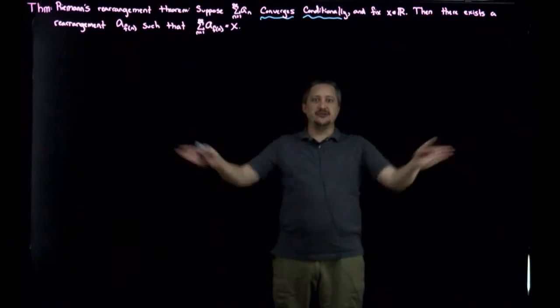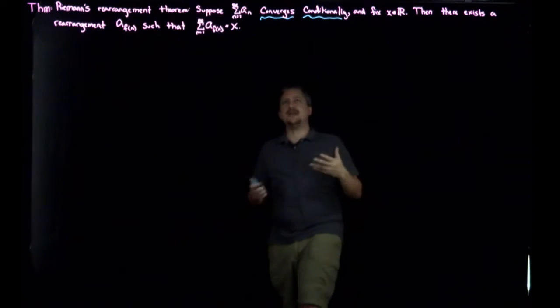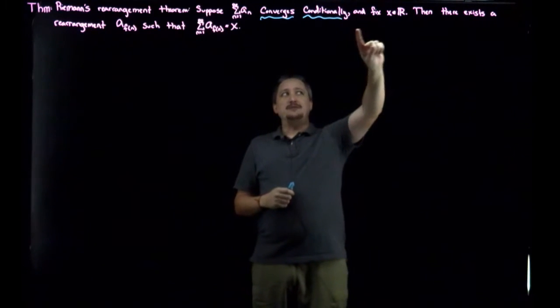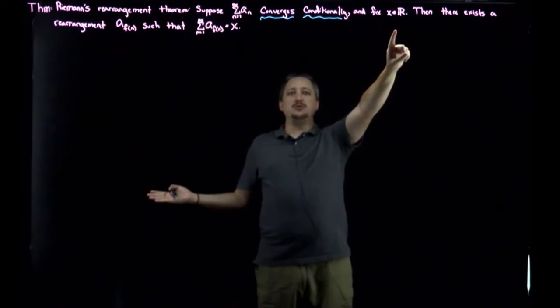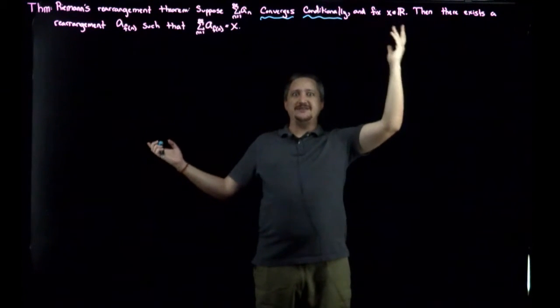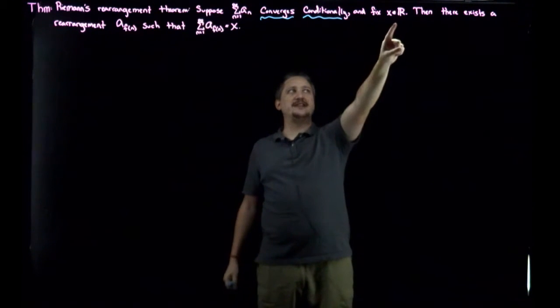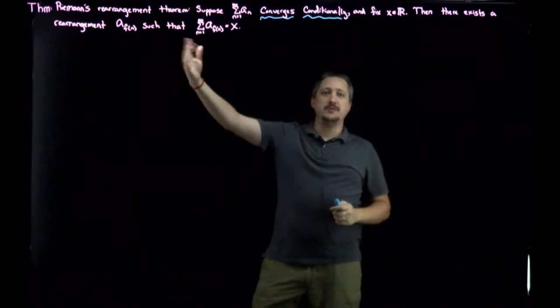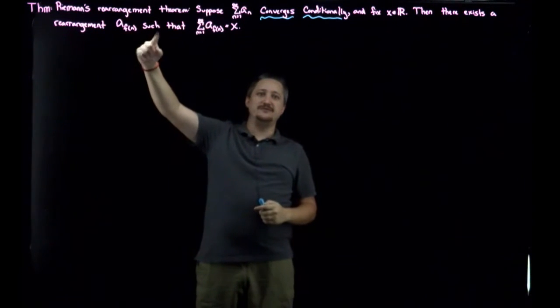So if we have one of these conditionally convergent series, and we can fix any value we want that's a real number, okay? And we really mean any, like pi squared minus e, we could do that, right? Fix anything you want. Then there's some rearrangement of these terms, which if you remember rearrangement, we did these bijective functions, right?